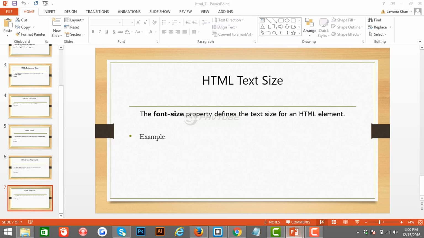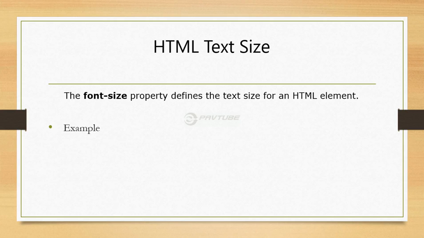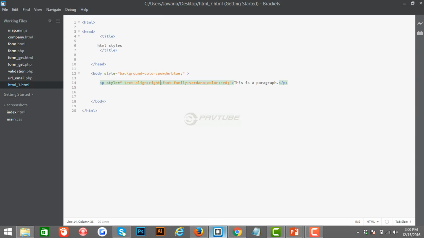Then another property we have is the text size. Font size property is used to set the size of an HTML element. We will see its example. Suppose we will use another paragraph for this purpose. This is second paragraph.